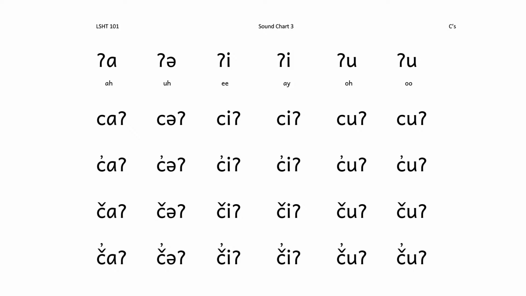A, E, I, O, U. Let's do that one again without the glottal stop. A, E, I, O, U. Now let's add that abrupt stop, that glottal stop. A, E, I, O, U.